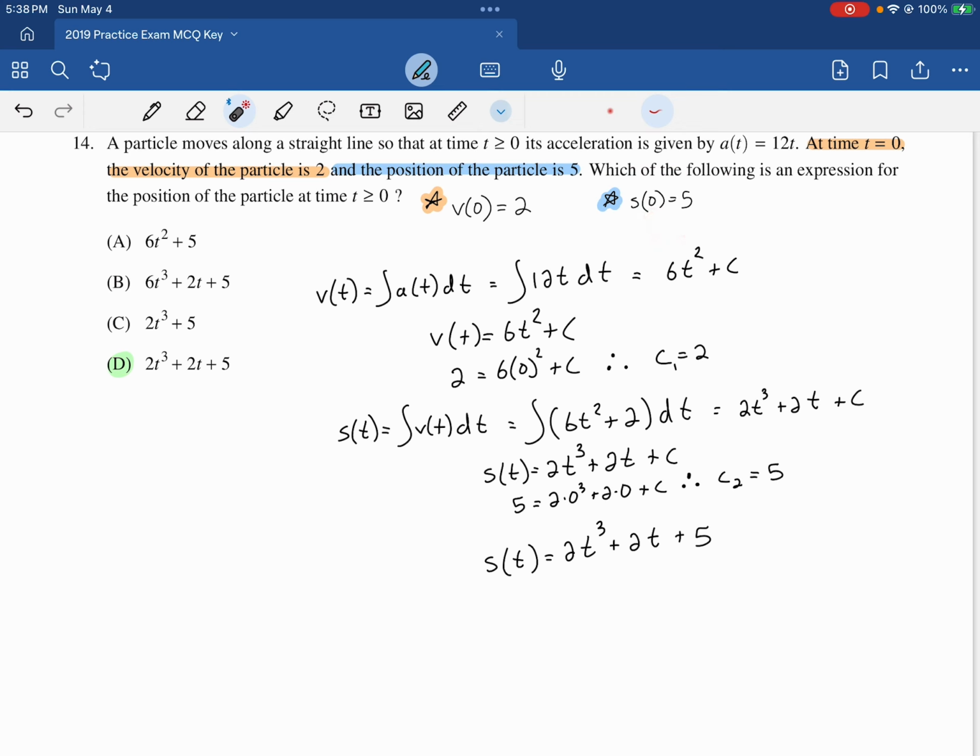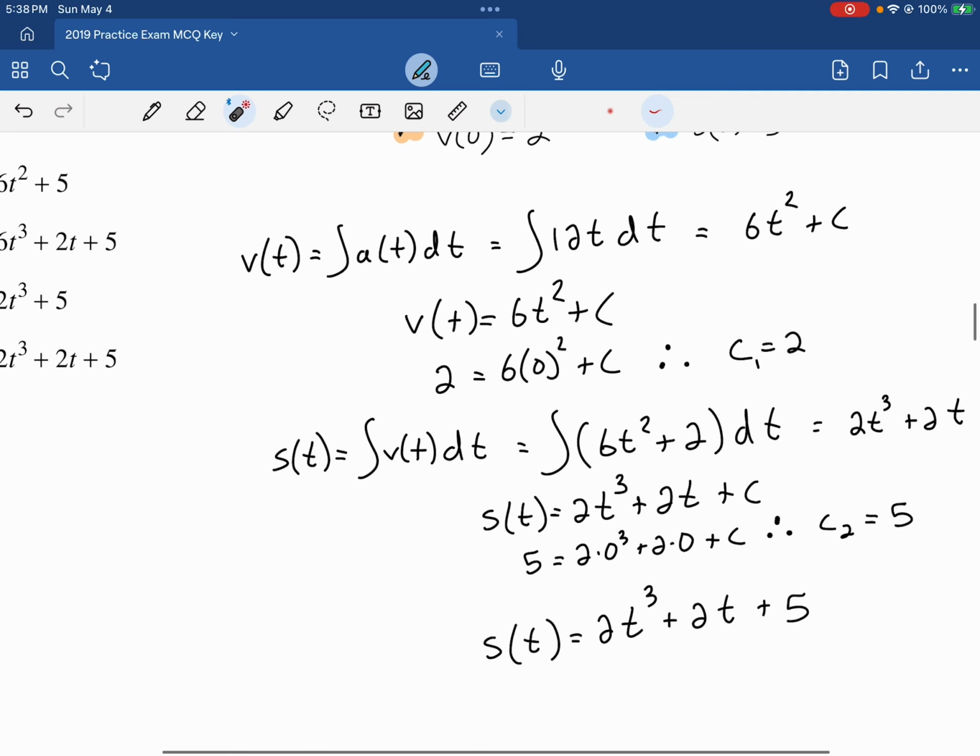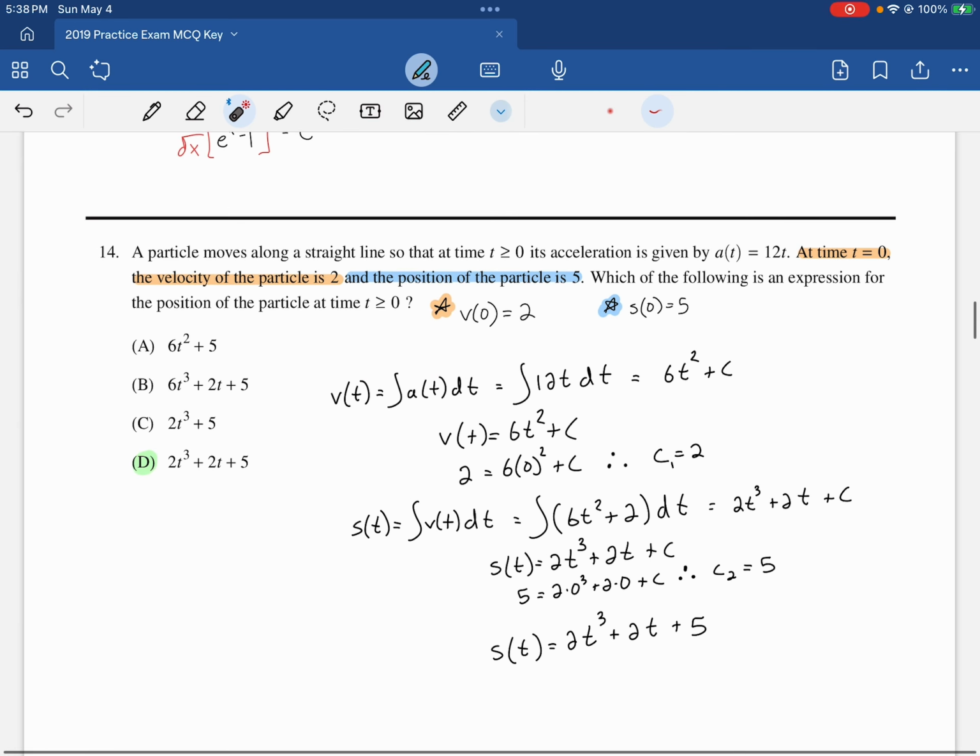Which of the following is an expression for the position of the particle at time t greater than or equal to 0? Here's some things I know about position, velocity, and acceleration. The derivative of velocity is acceleration, so you can go backwards and say that velocity is the antiderivative of your acceleration. I plug my acceleration model in and take the antiderivative, and I, alongside you, will not forget our plus c.